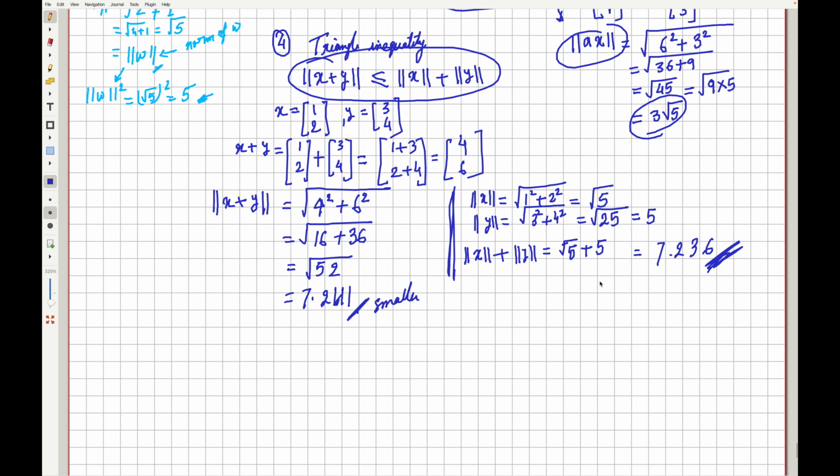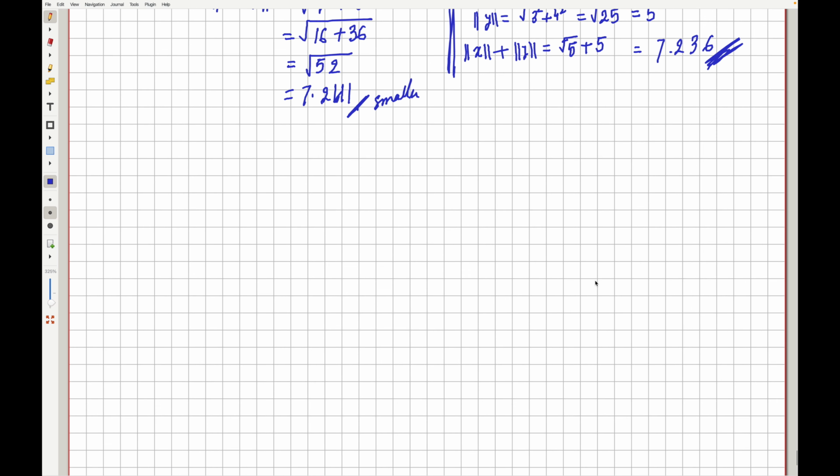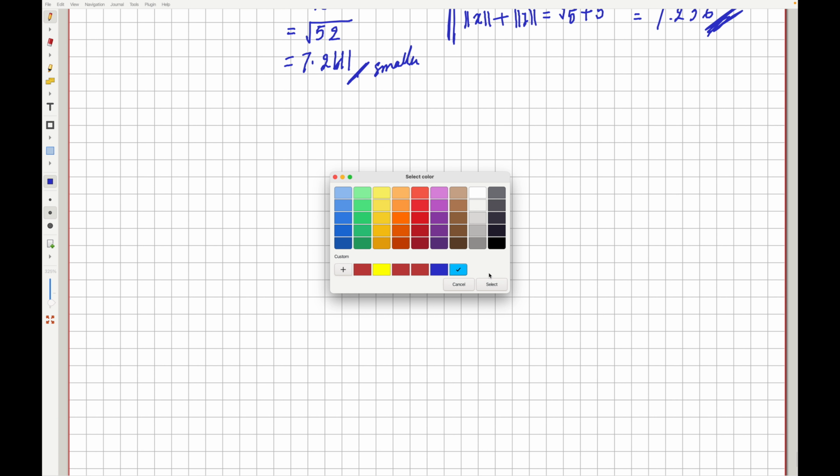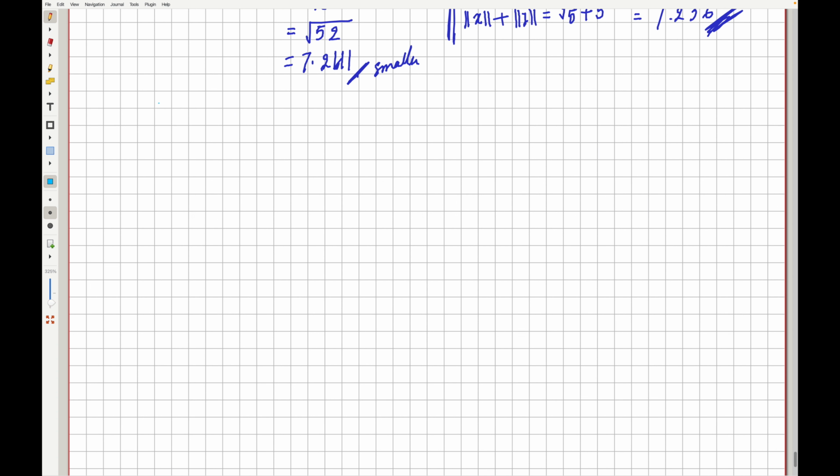Moving on, there is a concept of a standard norm that we just saw. The standard norm, as we said, of x is equal to the square root of the dot product of x with itself.